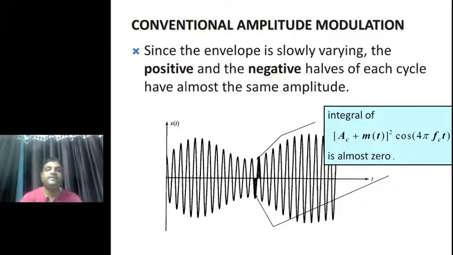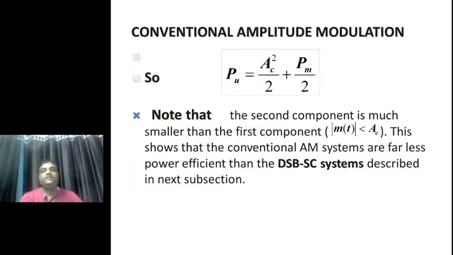So here this graph is due to the integral of Ac plus mt square cos 4 pi fct. Similarly, in terms of power, Ac square upon 2 plus Pm upon 2. Note that the second component is much smaller than the first component, because the magnitude of mt is very small in comparison to Ac.